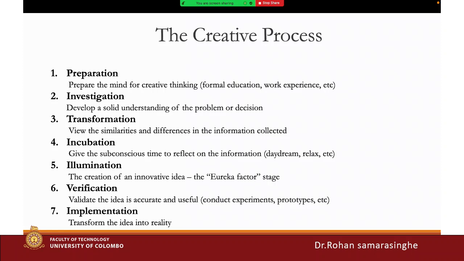Then when you come to illumination, you have analyzed the similar ideas as well as the technologies they have.